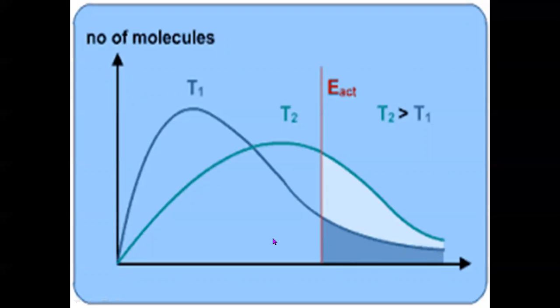This is the reason why at lower temperature, the rate of reaction is lower than the rate of reaction at higher temperature, that is T2. So always at higher temperature, the rate of reaction will be higher or faster, and at lower temperature, it is slower or less.